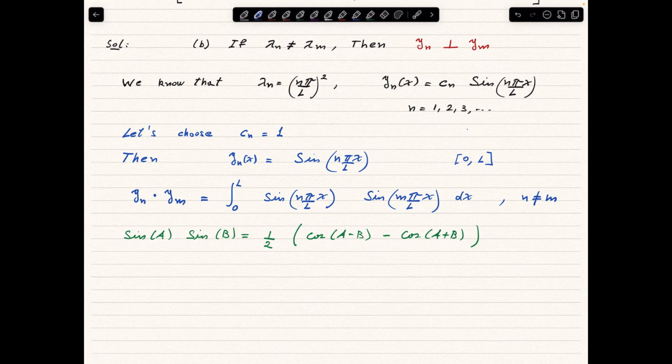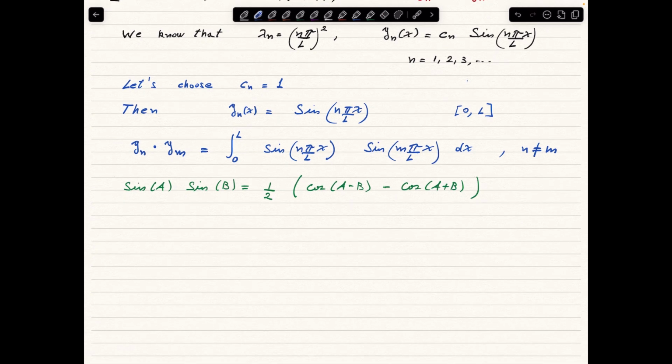If we use it, what do we get? Well, we get that yn dot ym. So this is the key to do the integral, that trigonometric identity, because now we are going to have 1/2 outside, and now we are going to have two integrals, one for this cosine and one for that, and here A is that and B is that. So we are going to have the integral from 0 to L of a cosine of the difference.